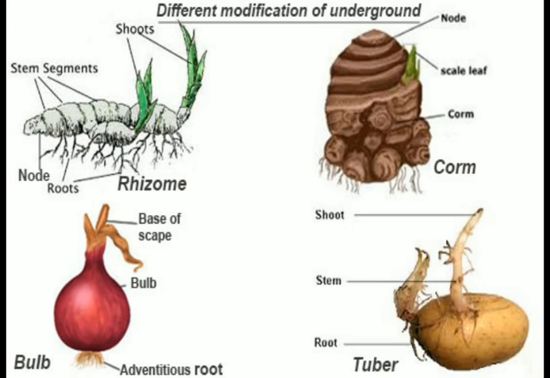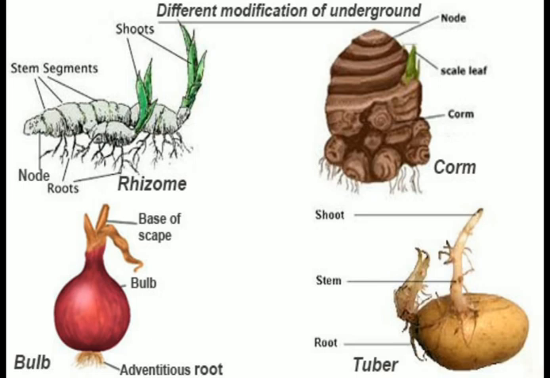This does the additional function of storage of food. Similarly, we have the corm or the colocasia. There the nodes and internodes are differentiated from each other by these dark and light brown circles, and this is again a modification of the stem for the purpose of food storage.